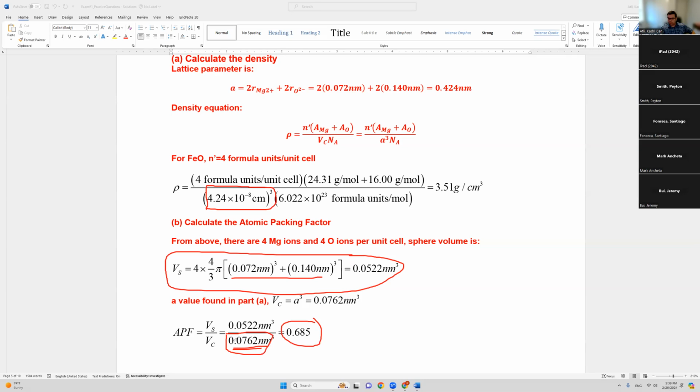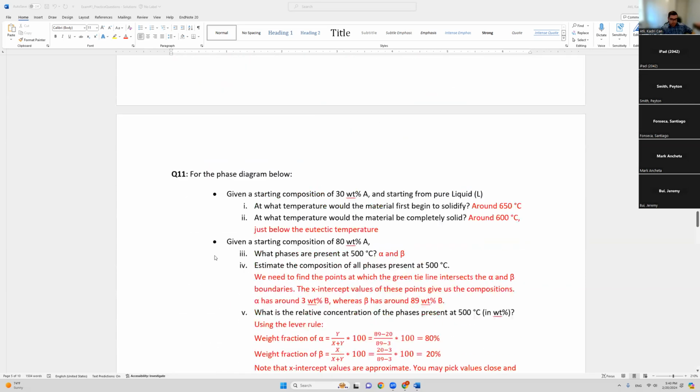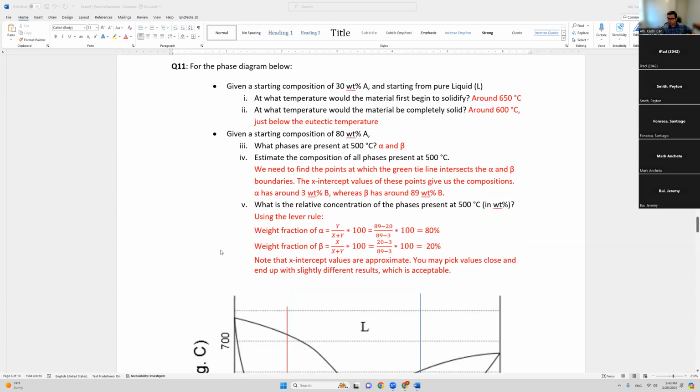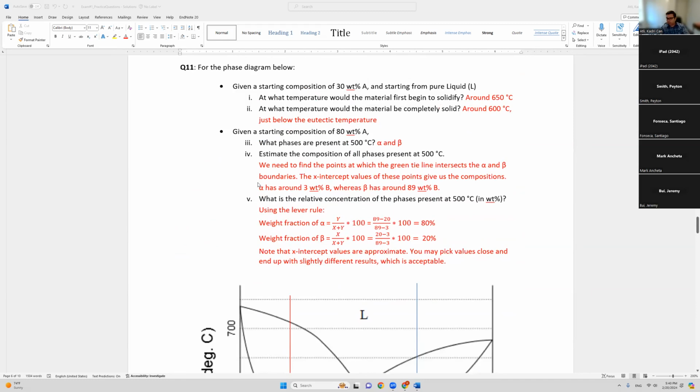I think if you do the calculation, you should get the same values. I mean, it's been some time since I did this calculation, but they should be equal. Okay, let's move on to the phase diagram questions. Any questions up to this part?